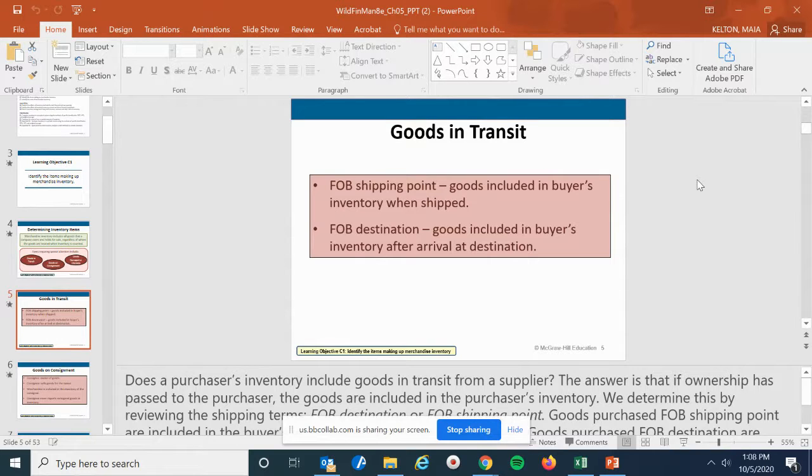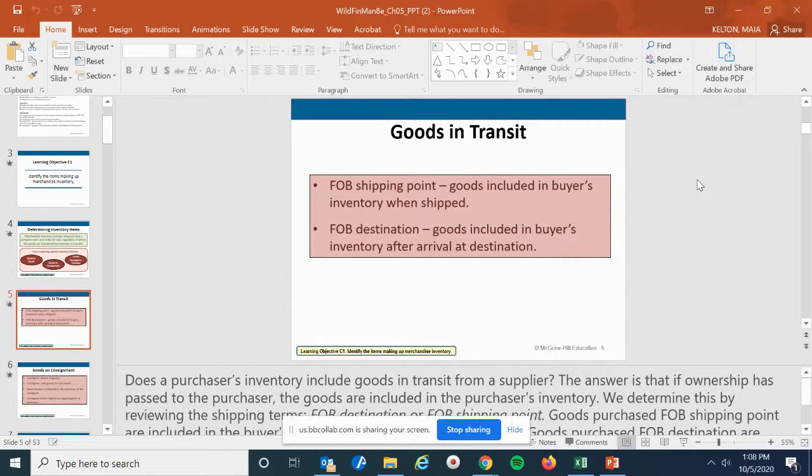So FOB shipping point, FOB stands for free on board shipping point, means that the legal title of the goods that are shipped is transferred from the seller to the buyer at the time of shipping.